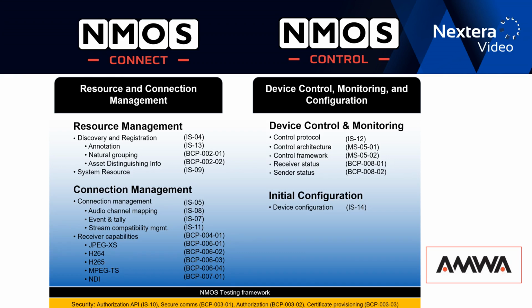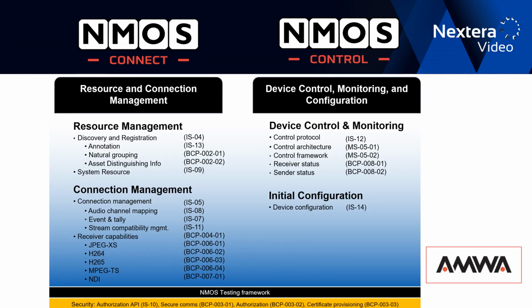So there's actually a lot of work being done in AMWA right now to organize all of these specifications in a more logical way. You may have seen some of these IS specifications, and it can be a little bit of alphabet soup. So the brand new work that's being done now is organizing these in a logical manner.